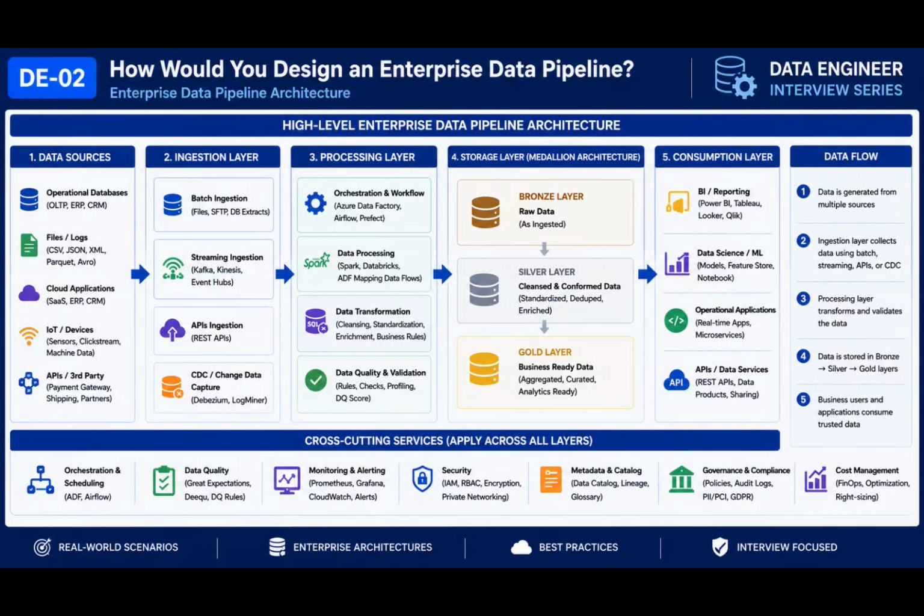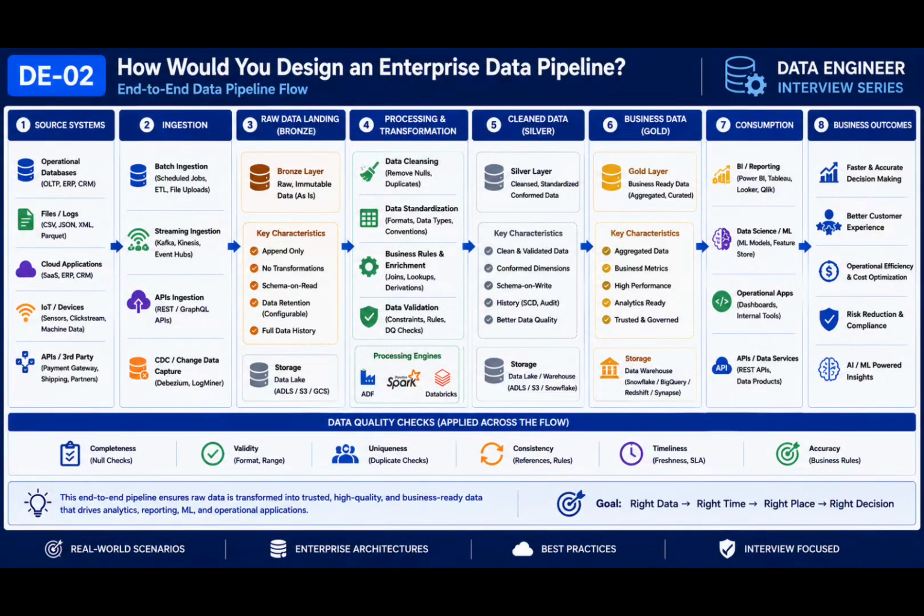Now let's understand the complete data journey. The first step is data is generated by operational systems. The second step is the ingestion layer captures data using batch jobs, streaming events, APIs, or CDC. The third step is raw data is stored in the bronze layer exactly as received.